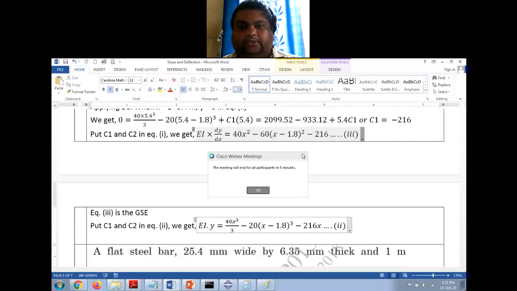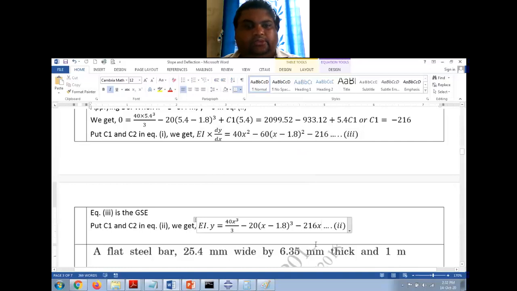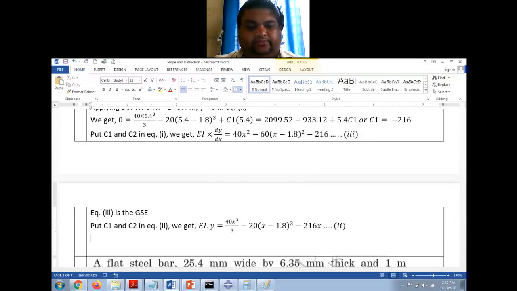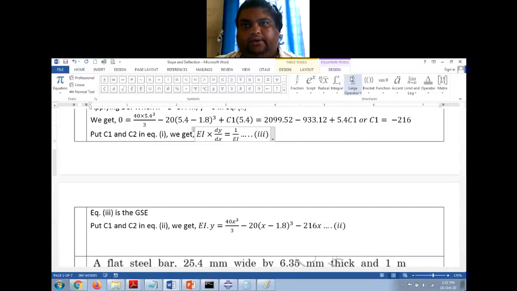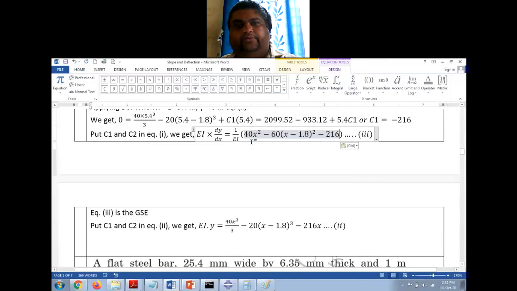Neglect this. Right? So this is my general deflection equation. In this, I'll just make one more change: 1 by EI into, I'll open a bracket and put everything there.